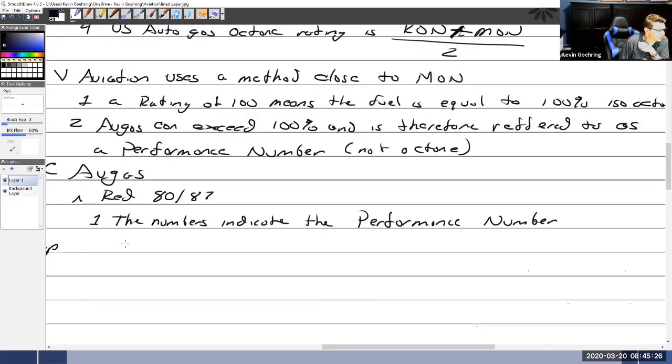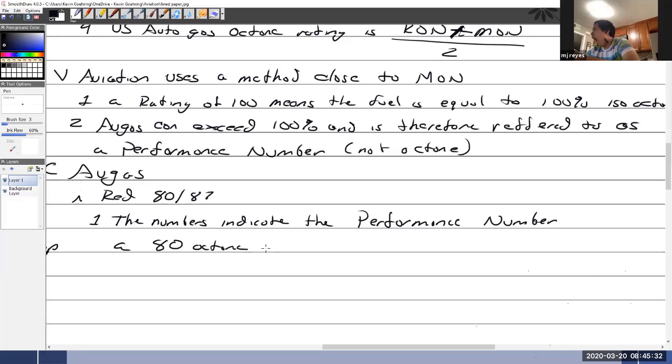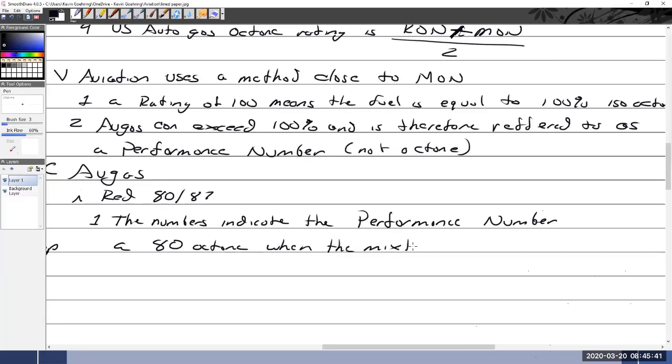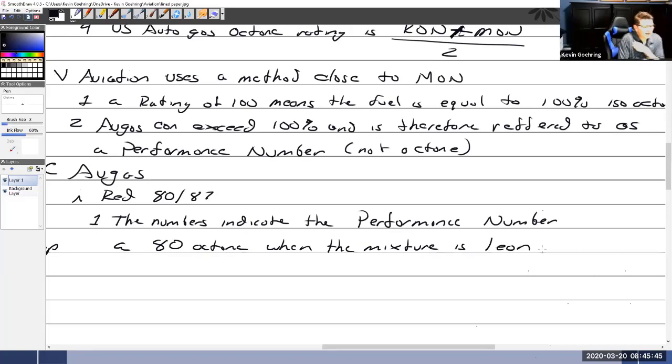But why the 2 numbers? Well, it acts like 80 octane when the mixture is lean. And we're going to talk about rich and lean a lot.